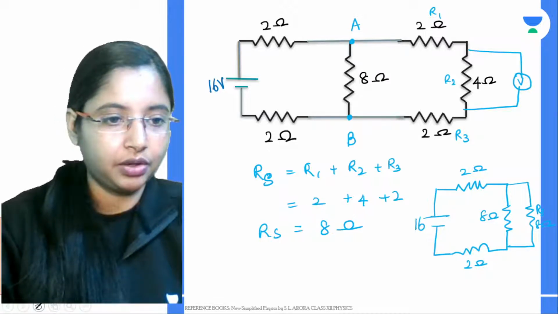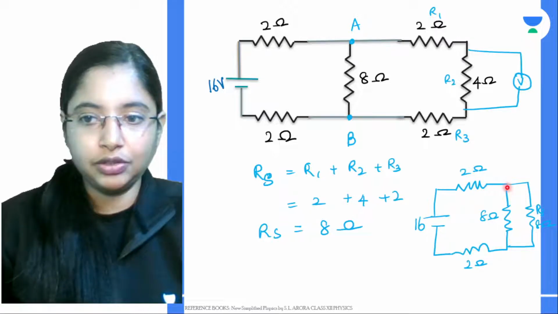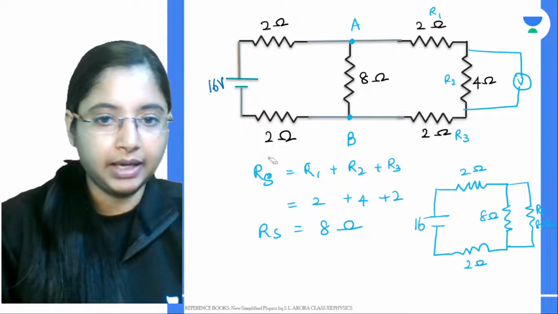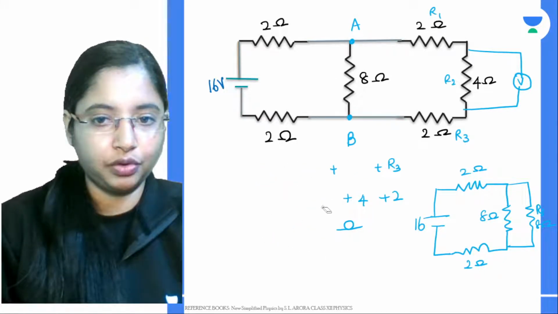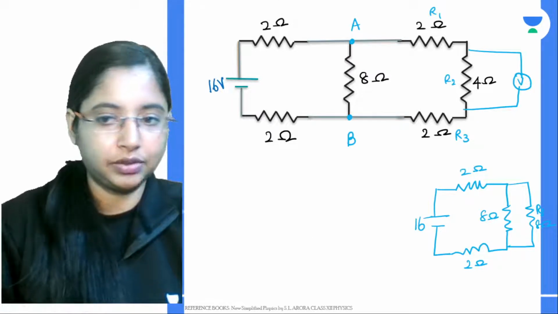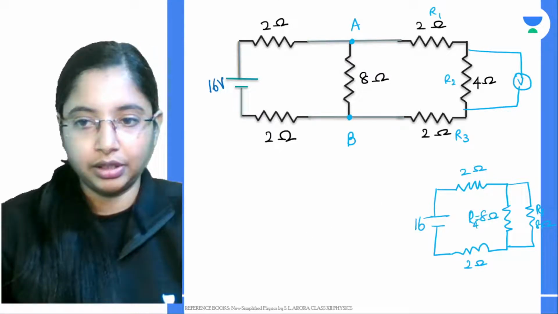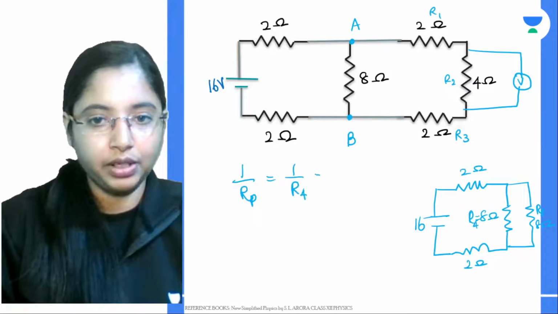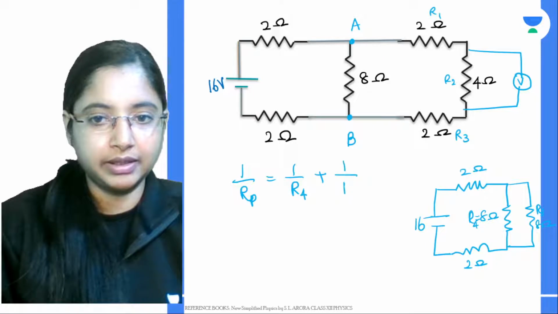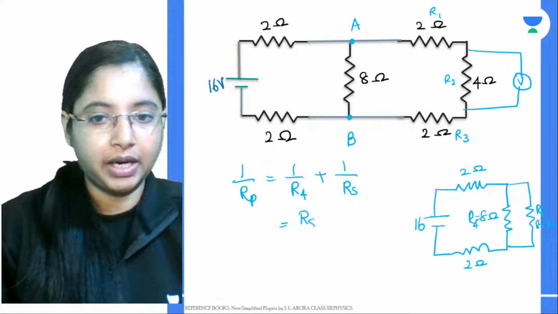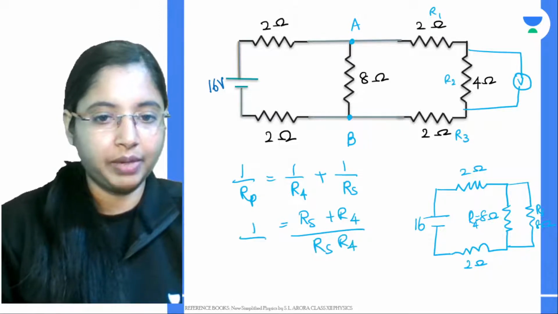Now if you see across the points AB, these two resistors are connected in parallel. So if they are connected in parallel, then we can take the parallel combination for both of those. Let's say this one in this case is R4. For the parallel combination, we have to take 1 by R4 plus 1 by the resistor in series combination, what we got. So this will be RS plus R4 divided by RS R4, which is 1 by RP.